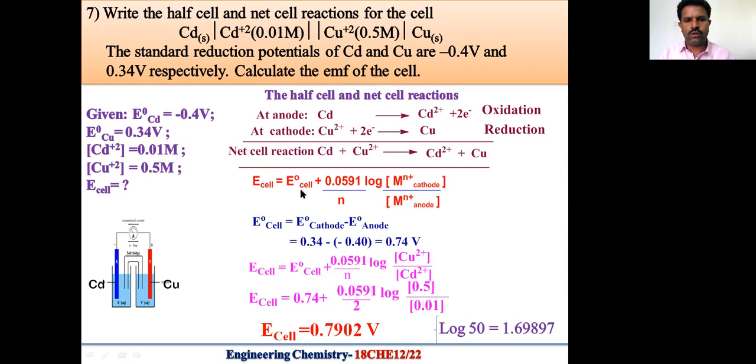So the suitable equation is E cell is equal to E0 cell plus 0.0591 by n log of the concentration of the solution at cathode divided by concentration of the solution at anode. This is about how to write the cell reactions and how to calculate EMF of the cell under given condition.